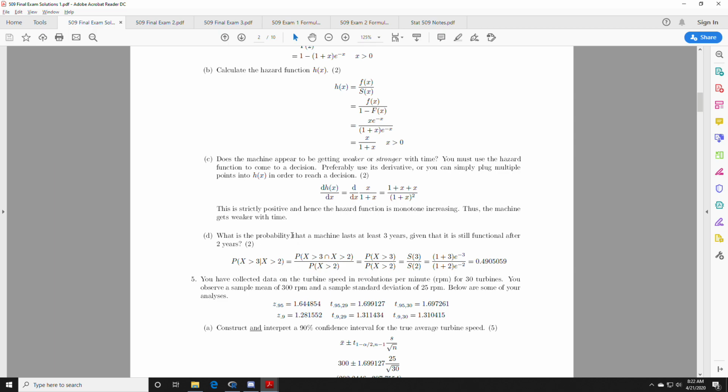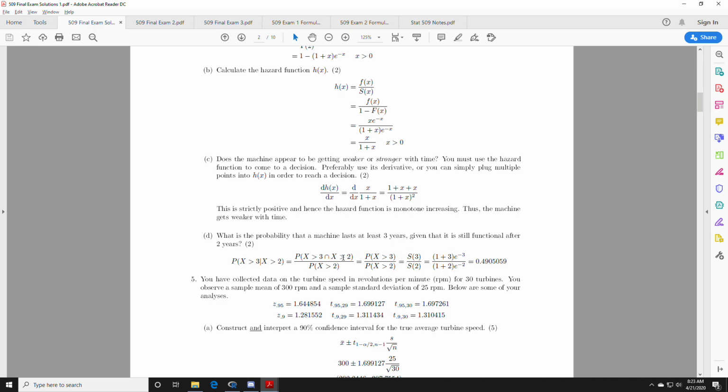What's the probability the machine lasts at least 3 years given that it's still functional after 2 years? By now, hopefully, you can easily understand that this is a conditional probability. It's asking the probability that x is greater than 3, given that x is greater than 2. Basic probability rules give us the second statement. We understand by now we're talking about time, and thus the numerator can be simplified.